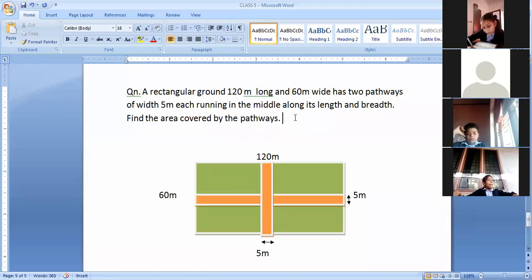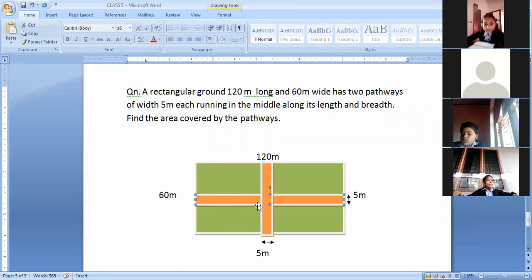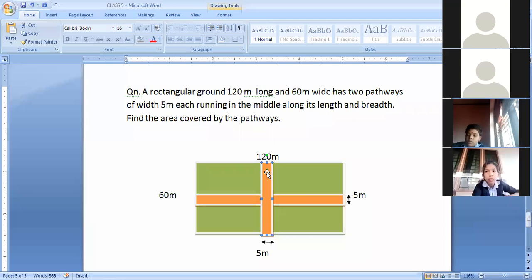Can we find it? See this pathway. We need to add the area of this pathway which is running lengthwise, and here is another pathway which is running breadthwise. So we need to find the area of those two pathways, the total area of all the pathways in the ground.